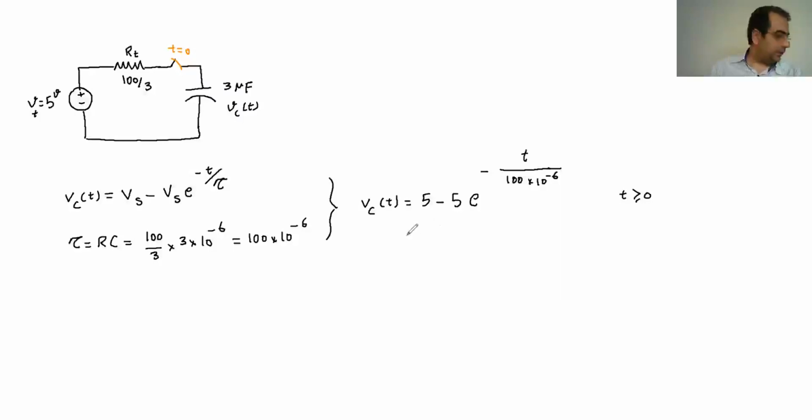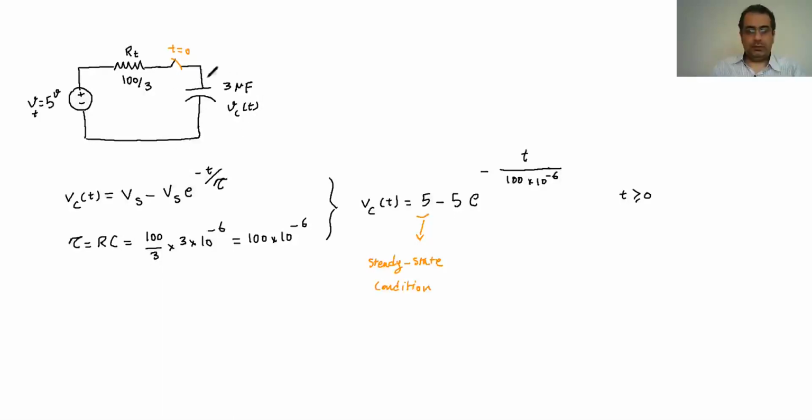As I remember, I was talking the last time, the first part of the equation is going to be the steady state condition, which shows that eventually this is what the voltage is going to become equal to. So we have the 5 volt battery, and we know if we keep the key closed for a very long time, eventually the current in the capacitor becomes 0.